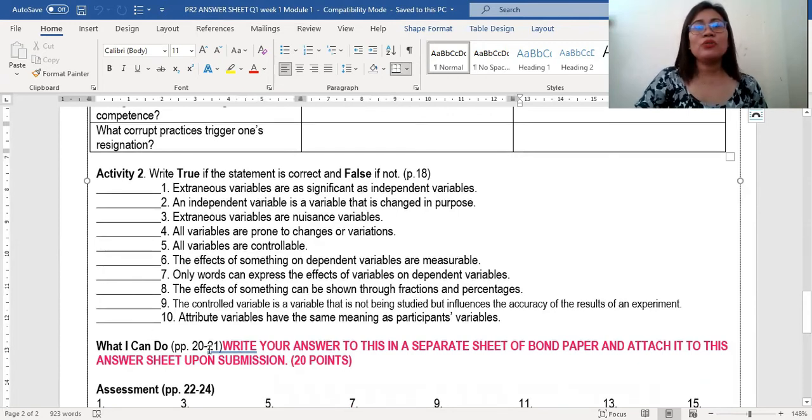For what I can do, page 20 to 21, write your answer to this in a separate sheet of bond paper and attach it to this answer sheet upon submission. When you do that, you'll get 20 points at most when you're able to answer the activity for what I can do. So I am looking forward to seeing that and checking that.